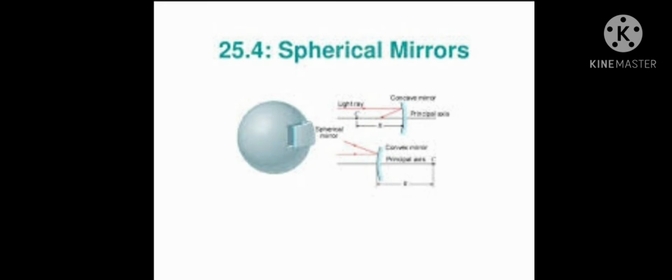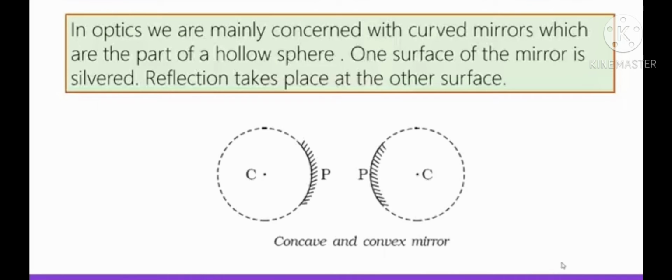See this figure here. We can see that the sphere is cut at 2 points. Then we get the curved surface. If you see one part of the sphere, that is one curved surface, we can see two curved surfaces. One is the outer part and another one is the inner part.